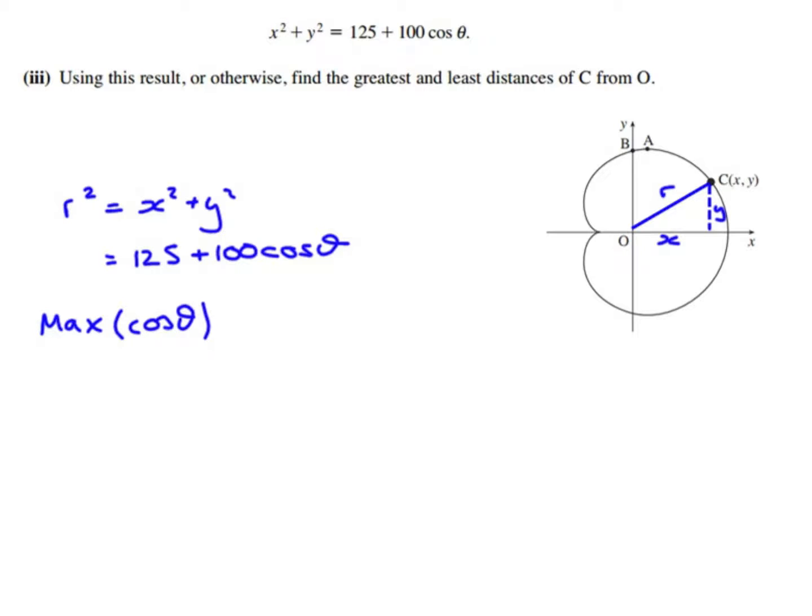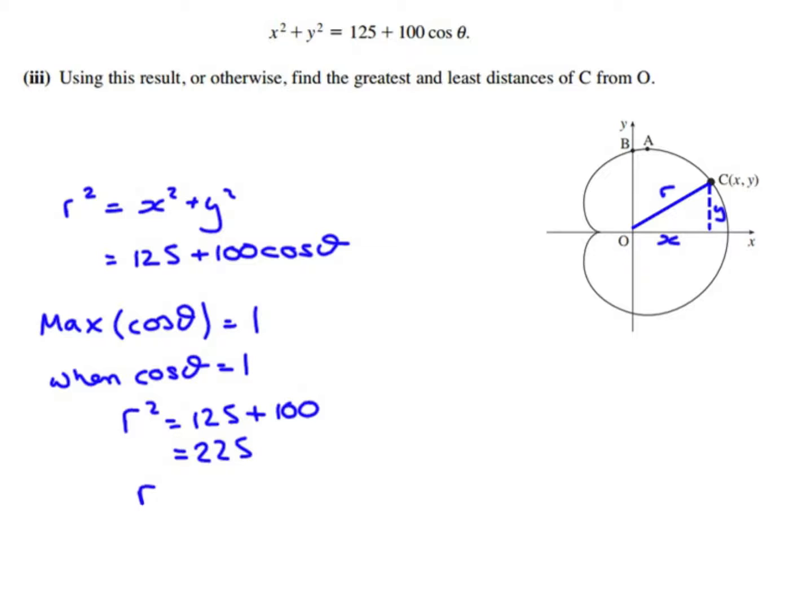Now we know that cos theta goes between 1 and minus 1, so the biggest that cos theta can be is 1. And when cos theta is 1, then r squared is 125 plus 100. So r squared is 225, and so r is going to be the square root of that, which is 15. So the furthest away is going to be 15.